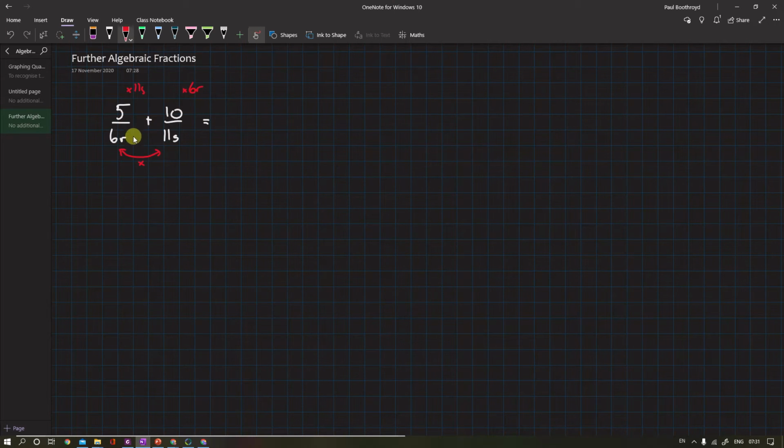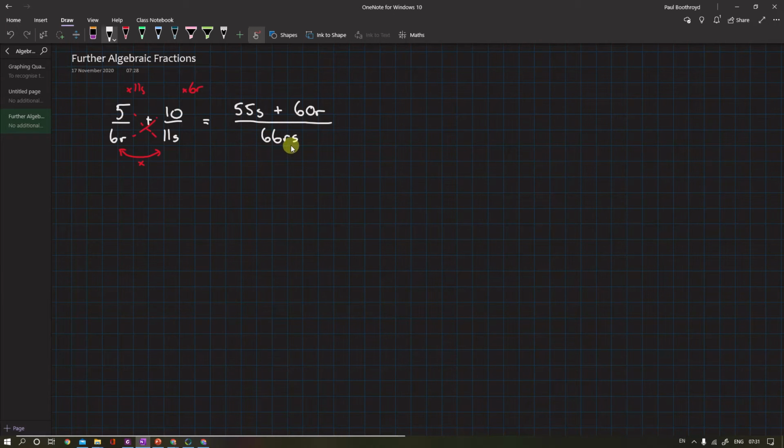A lot of people will actually show a crossover when they're explaining this. So what I get on top is 55s plus the numerator on the other side, which is 60r, and all of that is over 6 times 11 is 66, and rs.